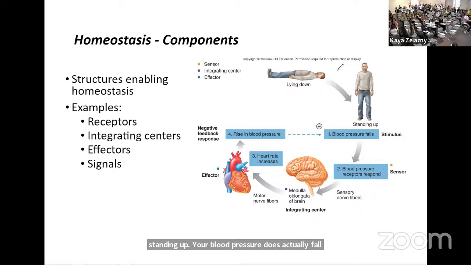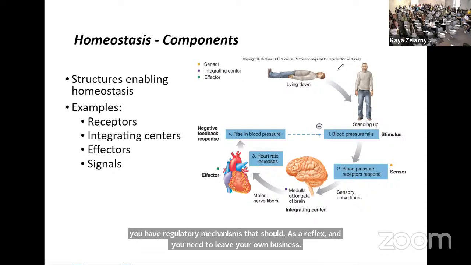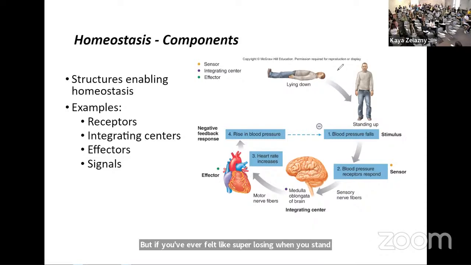But you have regulatory mechanisms that should, as a reflex, immediately correct this. But if you've ever felt super woozy when you stand up, this is potentially part of it. You're feeling that it takes a little time for that regulation to take place. So when you stand up, your blood pressure falls.